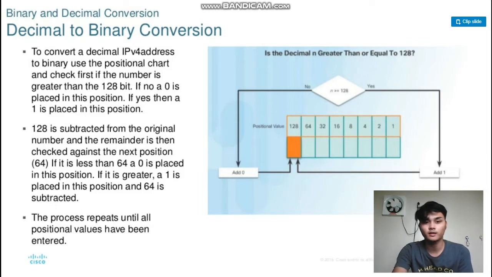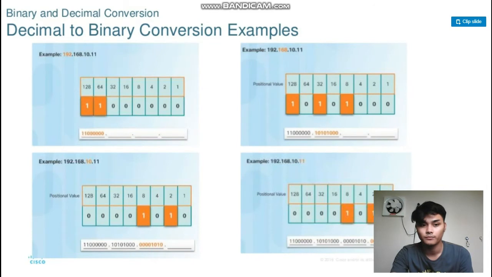Decimal to binary conversion. Here we have an example of binary conversion. First we have 192. We will subtract 128 from 192, and then we will add a 1.